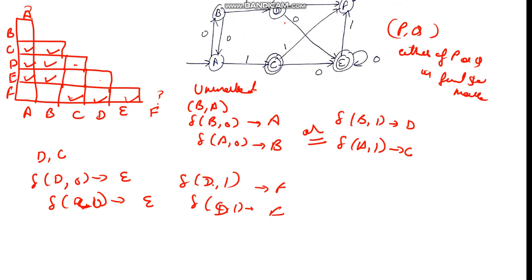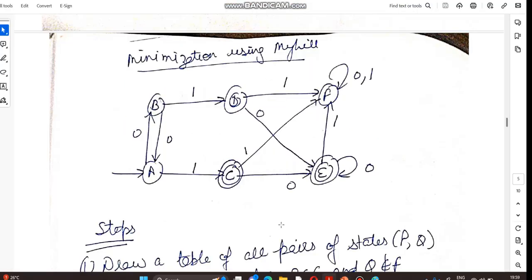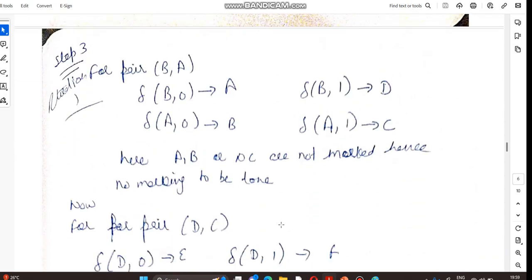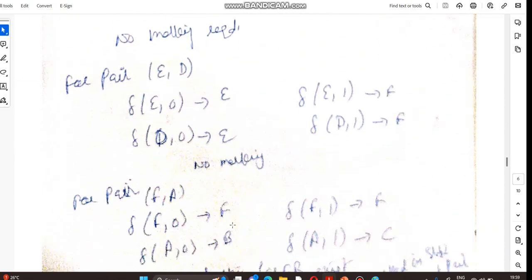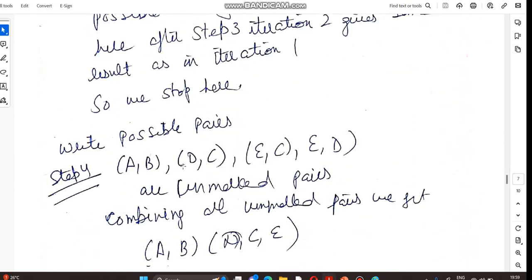So we will keep on checking all the states like this, that's how we work. Let's have a look at how the marking proceeds. We will check all the possible pairs. For B and F we have checked.